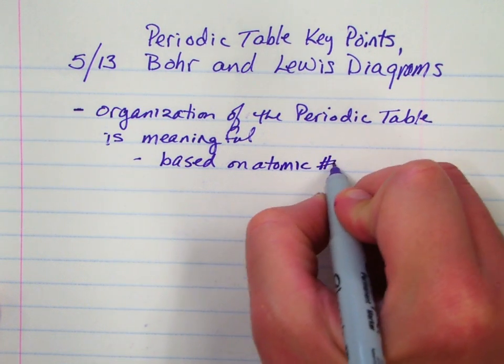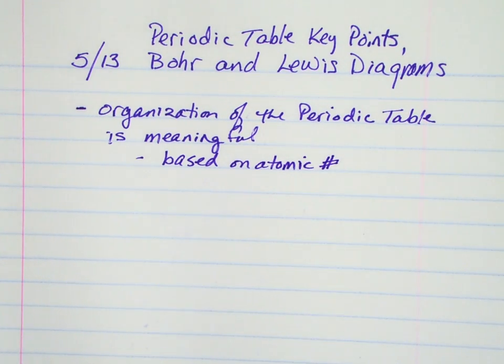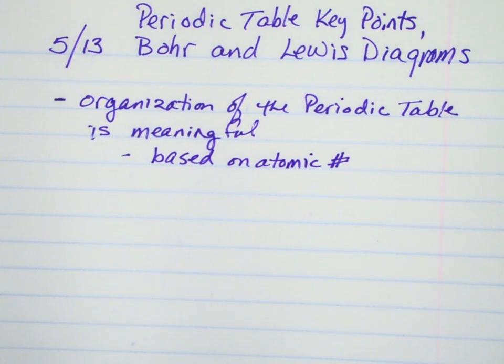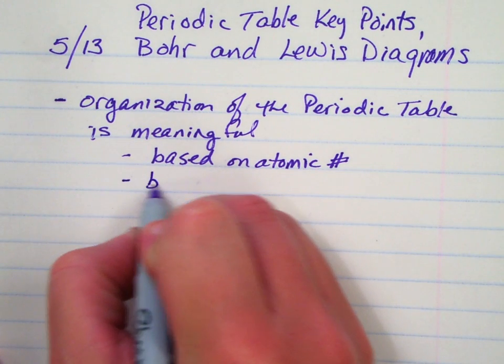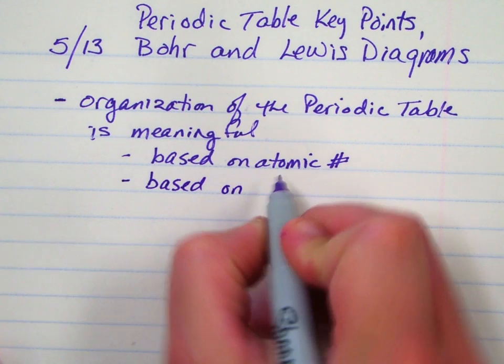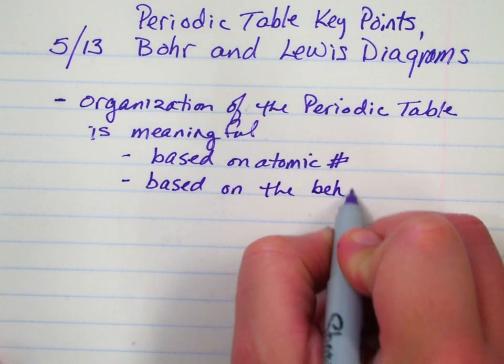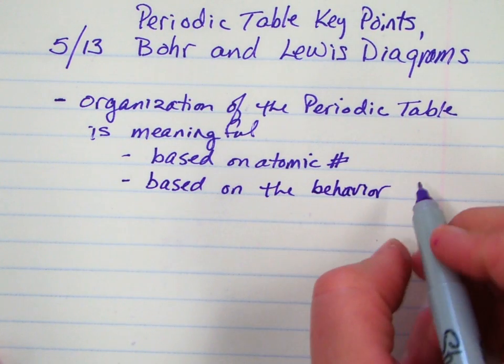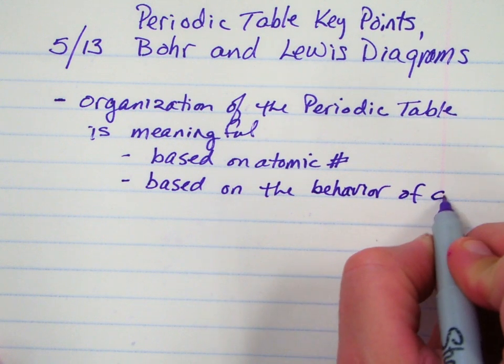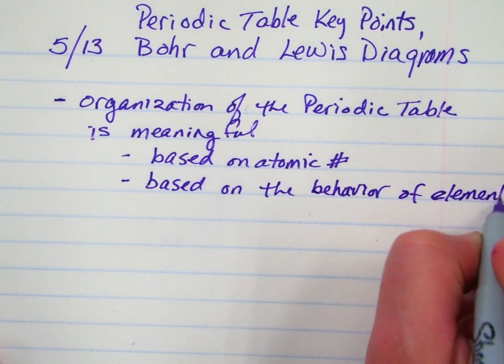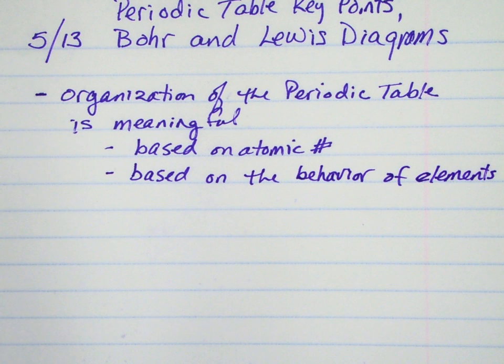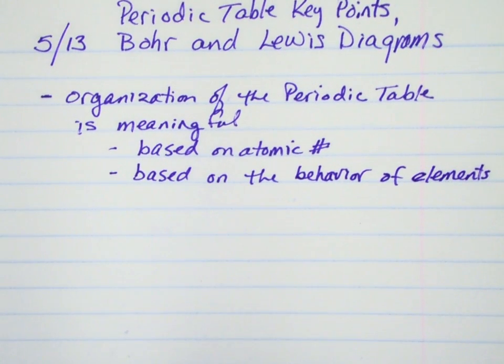Now, the early periodic tables were based on atomic mass because they didn't have the mechanisms to identify all the isotopes and that sort of thing. And also, it's based on the behavior of the elements. That's something Mendeleev saw that others didn't.